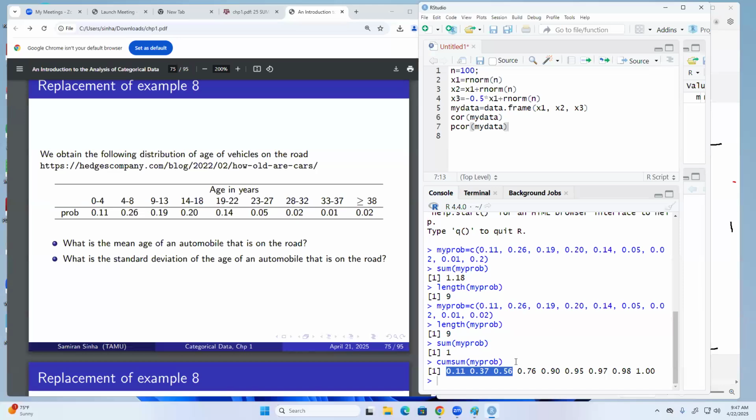Now, if you want to calculate the exact value of the median, you can do so by this command. But my point is, first you get the idea where the median lies, and then you can exactly calculate using the software. Median of prob.